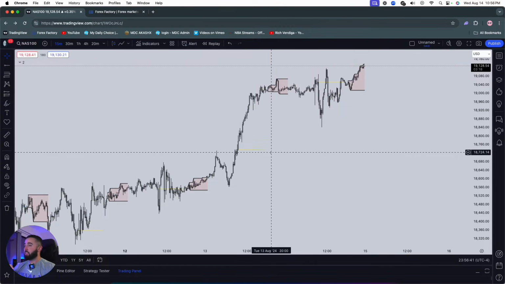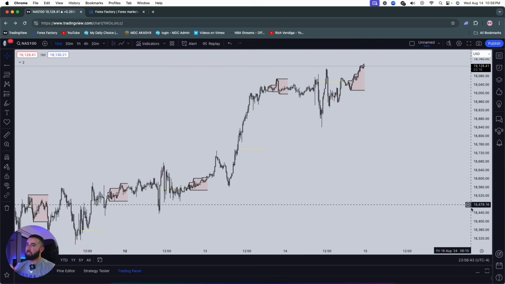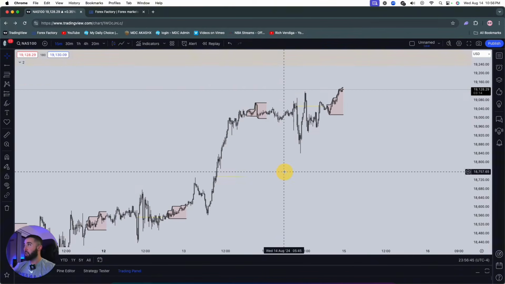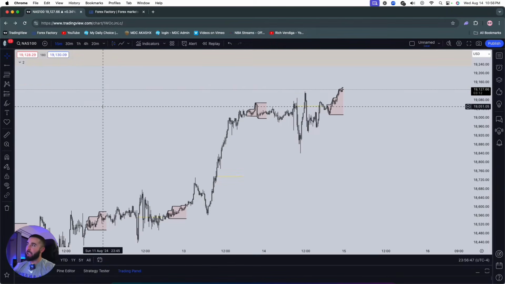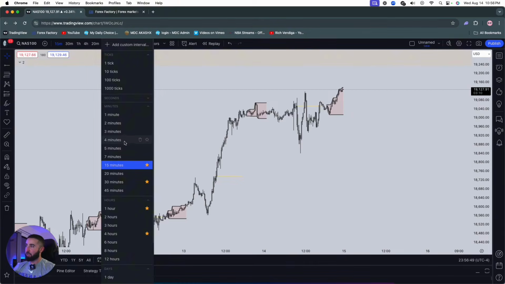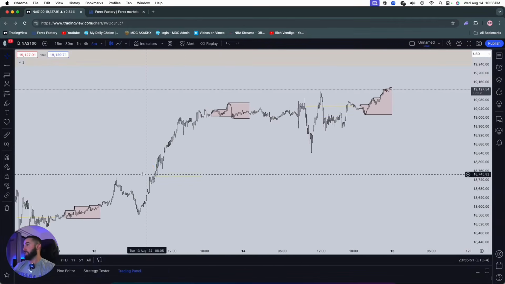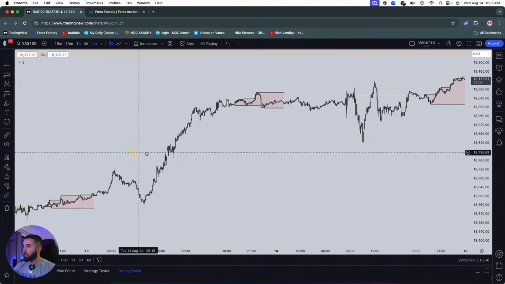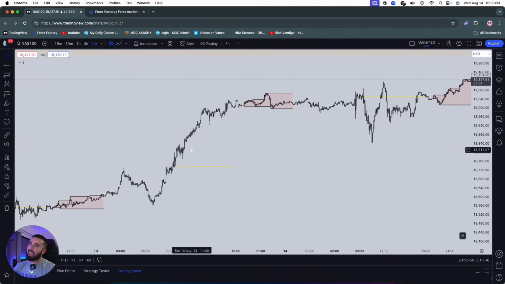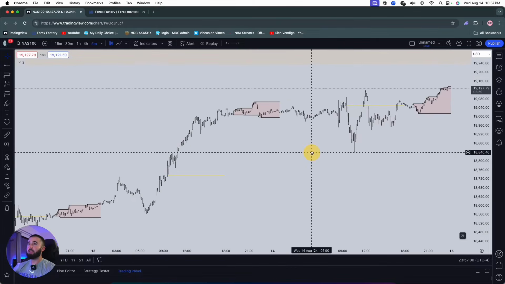Now, the second thing that we look for timing wise is the New York Stock Exchange opening bell, which is that 9:30 a.m. Eastern time frame. This is where the New York Stock Exchange officially opens, and usually we'll see a lot of manipulation and volatility kicking into the market.